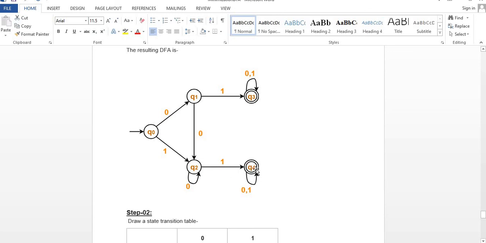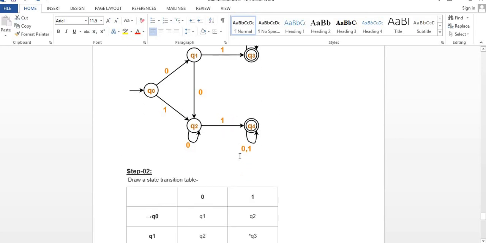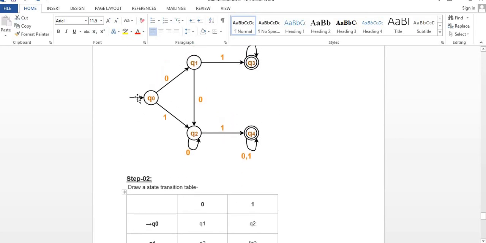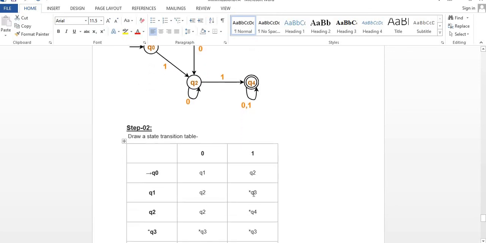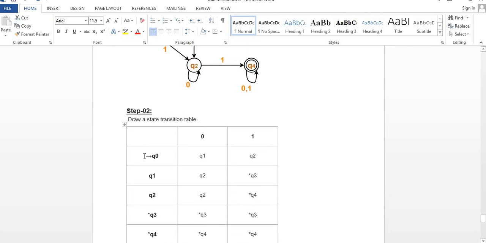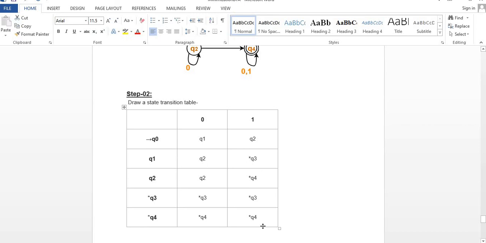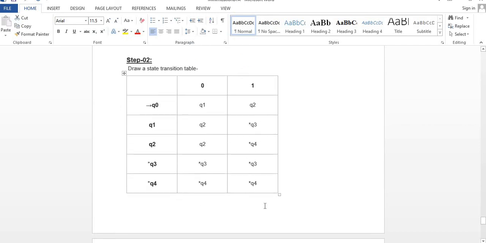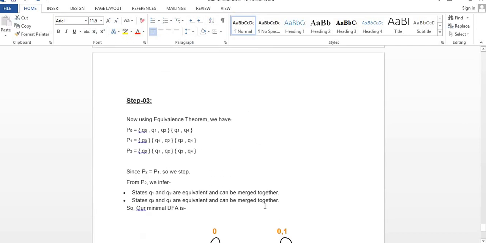So draw a state transition table from this DFA: Q0 on 0 to Q1, Q0 on 1 to Q2. In this manner fill the state transition table, in which Q0 is your initial state and Q3 and Q4 are final states.